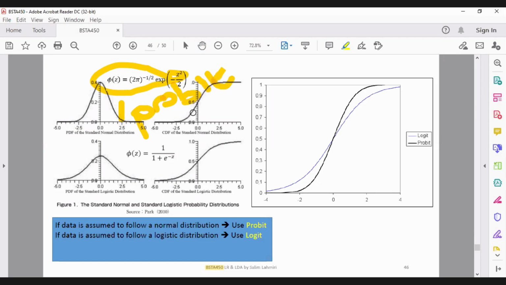So this is the probits. If you assume the data follow a normal distribution, use the probits. But if you believe that the data follow a logistic distribution, then use the logistic distribution. This is the difference between the two models.